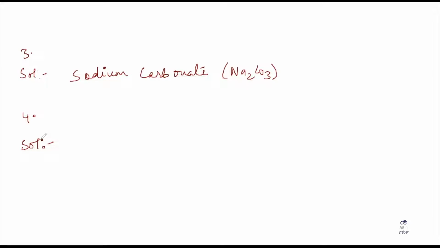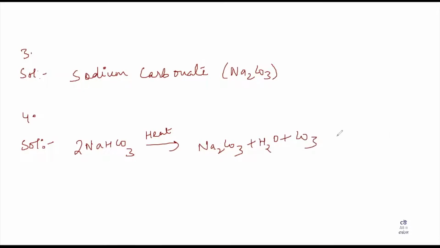So we'll say that when sodium hydrogen carbonate, means NaHCO3, is heated, it decomposes or breaks to form, mention it as heat, it will decompose to form sodium carbonate, water and carbon dioxide gas, whose formula is CO2.